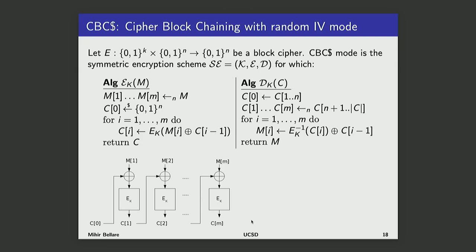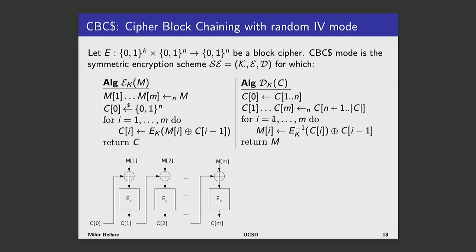Yeah? So for the algorithm, only the first C block is random? Right. And then for DK, what happens to the first C block? Oh, it's used here, right? So when you decrypt, what you do is you take this, you go through D, and that gives you this, right? Then you add this, and you go here. And that's happening over here.